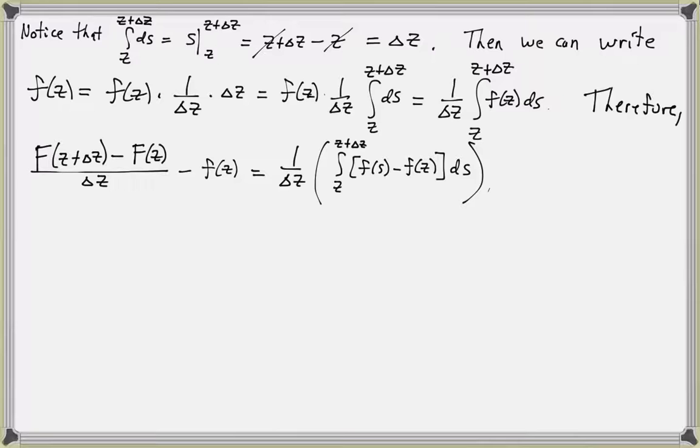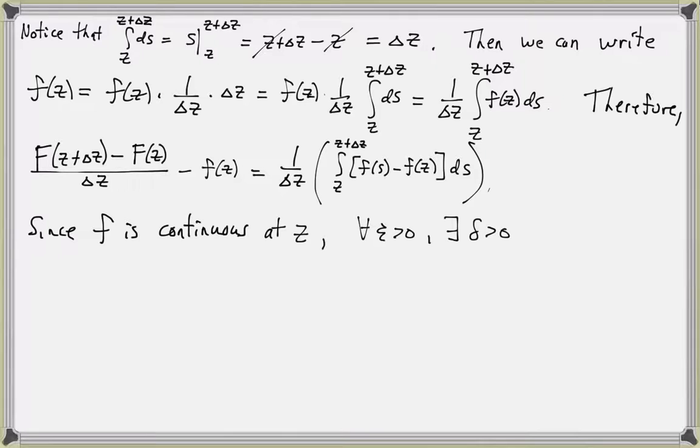Now we're going to use the fact that f is continuous. So since f is continuous at z in the domain D, for every epsilon greater than 0, there exists a delta greater than 0, such that the absolute value of f of s minus f of z will be less than epsilon whenever s is sufficiently close to z.